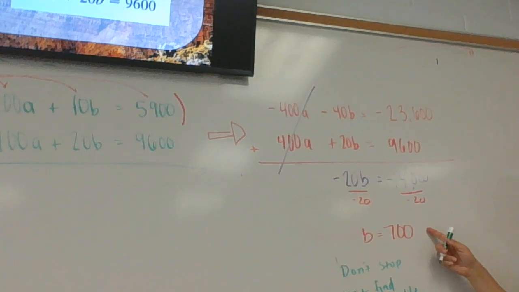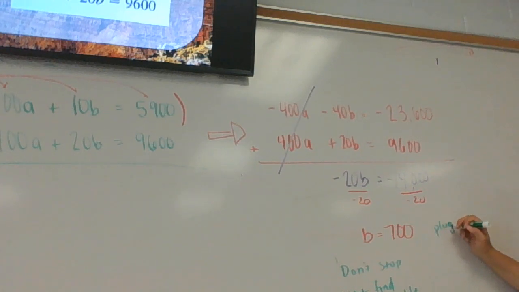I'm going to take this 700 and plug it into the original equation to find A. It's going to be 100A plus 10 times 700 equals 5,900.